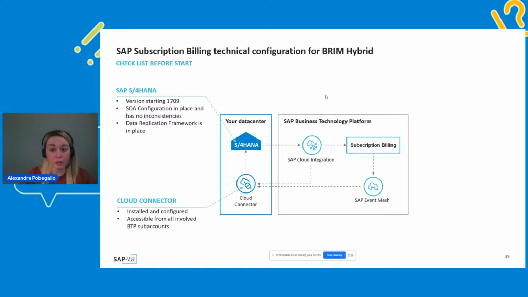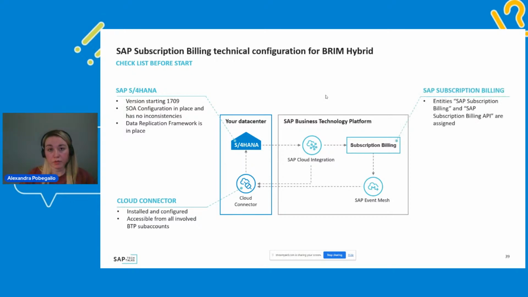But subscription billing will probably be provided in a separate account, or in the same account as SAP Cloud Integration, but not as pay-as-you-go. So you can have two or three sub-accounts, with different integrations. A lot of customers have this kind of setup, so don't worry, it can easily be connected. Just make sure that your cloud connector can connect to each BTP sub-account.